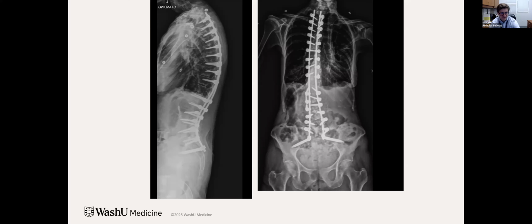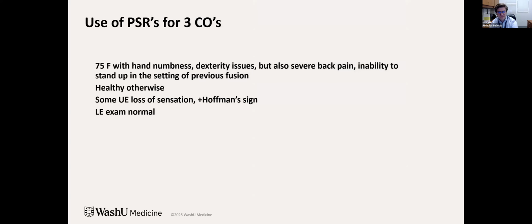And then finally doing something maybe a little more complex. I've actually gotten used to using the patient-specific rods for 3-column osteotomies. And so just to illustrate that, this was kind of a multi-step case, but this was a 75-year-old who presented with a few different complaints, but hand numbness and dexterity issues, but also severe back pain and inability to stand up straight in the setting of a previous fusion.